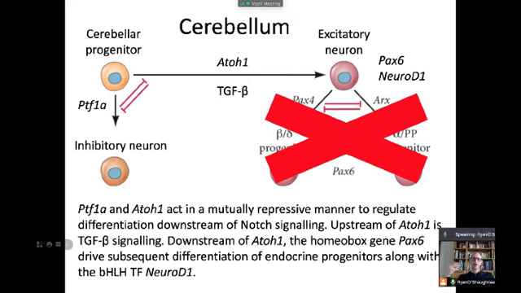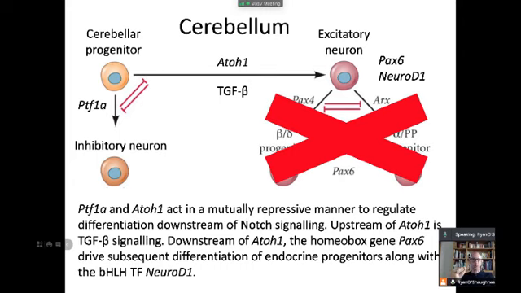And so in the cerebellum, we have this binary decision between PTF1A and ATOH1. And when we get expression of PTF1A, we get inhibitory neurons. And when we get expression of ATOH1, we get excitatory neurons. Remember that difference, the binary: we turn on PTF1A and we get no ATOH1 expressing cells. And if we turn on ATOH1 expression, we get no PTF1A expressing cells.